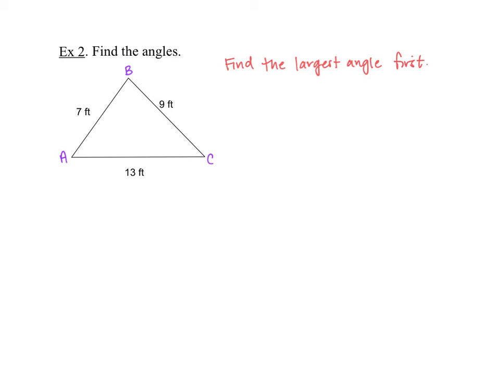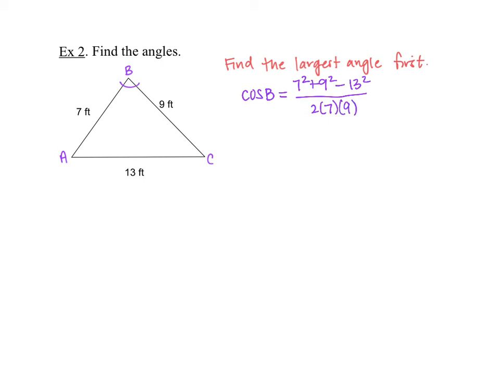Okay, since I'm trying to find the angle, I'm going to use the second format of the law of cosines. Although it doesn't matter, you just have to rearrange it. And again, you just have to make sure that if I'm finding the angle B, then that special side is the B. So let's see, angle B, the two adjacent sides are 7 squared plus 9 squared minus 13 squared over 2 times 7 times 9.